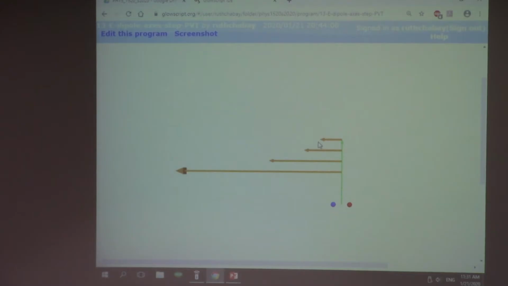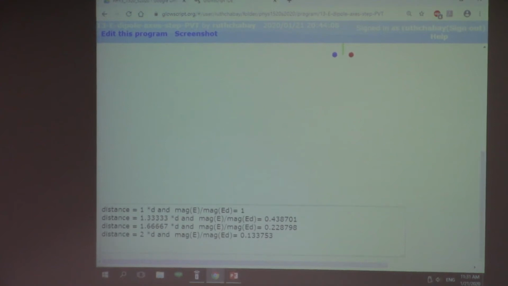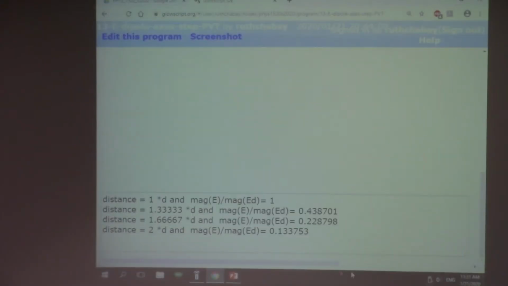So let's see what it's dropped by. Where the distance is 2d, the ratio of the magnitudes is not 0.25. It's actually less than 0.25, so it's not a fourth. In fact, if you work that out, it looks like roughly almost a ninth as big. So let's go out to 3d and see what we get.